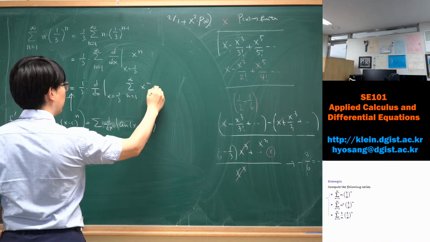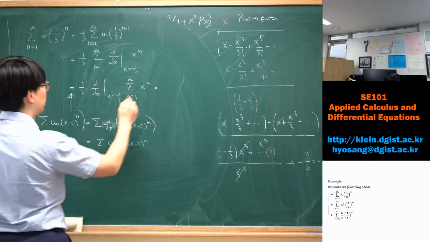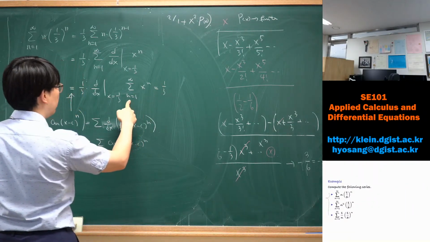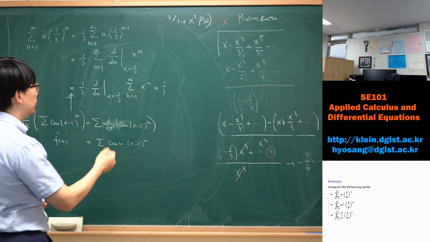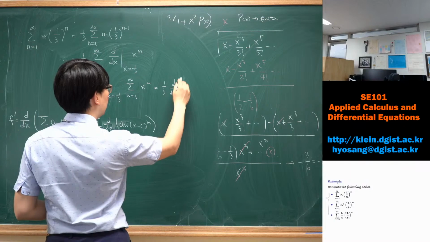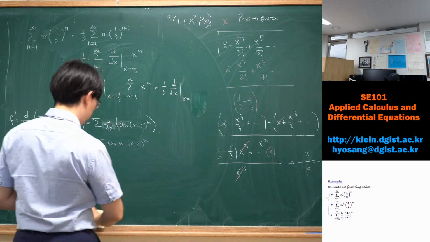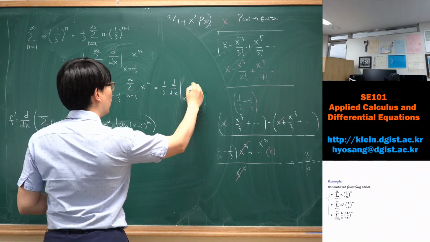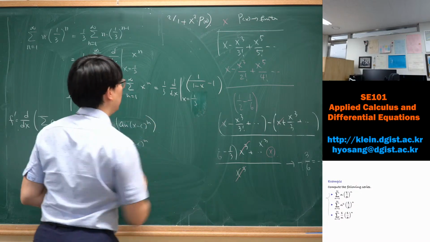So what is this? This function I can write as a well-known function, because if I had 1 plus these terms, this is a geometric series. Therefore, it is d/dx at x equals 1 over 3 of 1 over 1 minus x, minus 1.